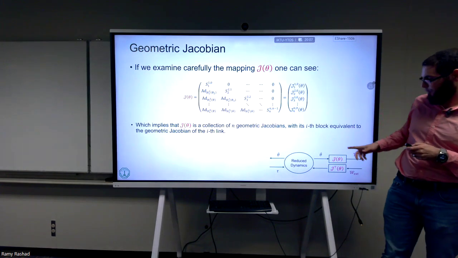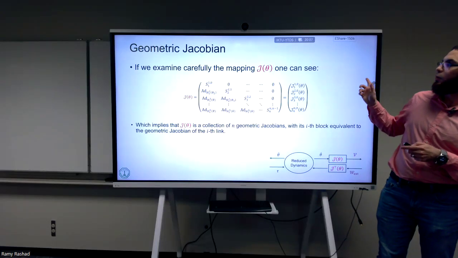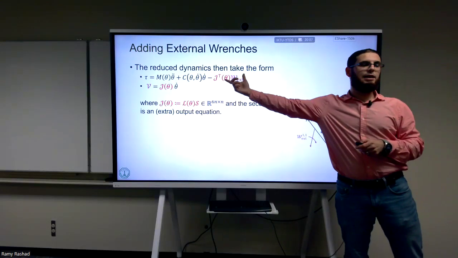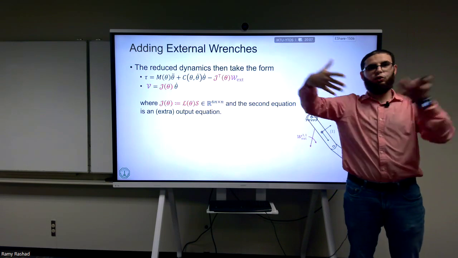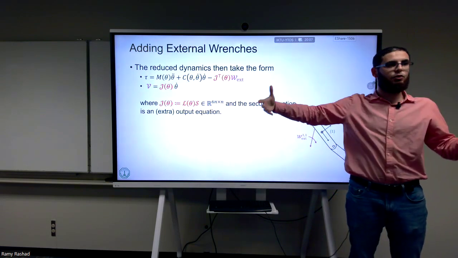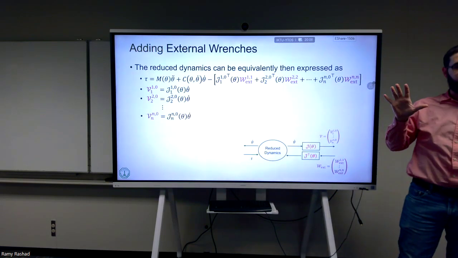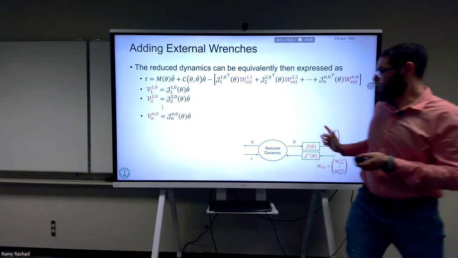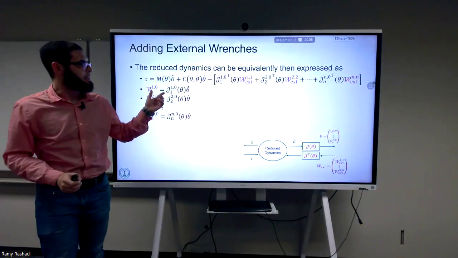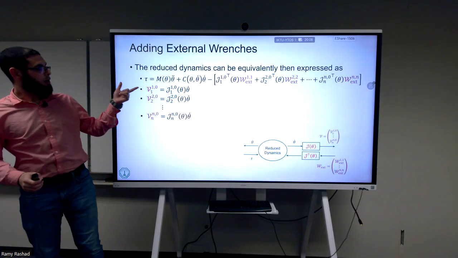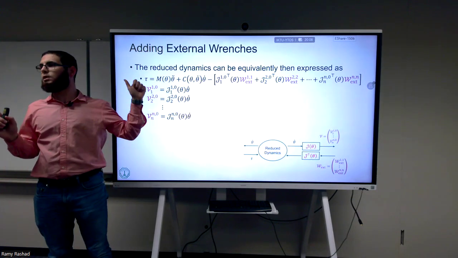What I want to show you is this part here. So I'm going to expand this expression. We already wrote it in compact form; I'm going to re-expand it to show you something very nice. Remember what the Jacobian was?